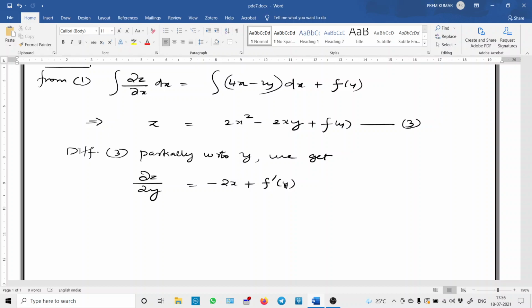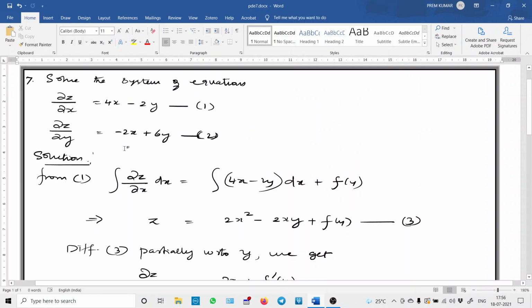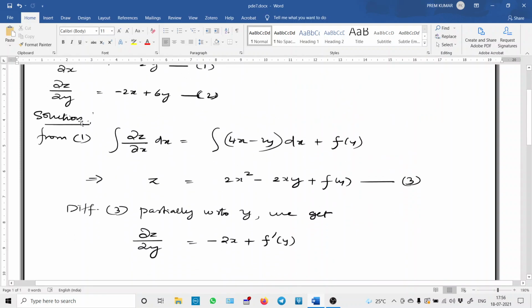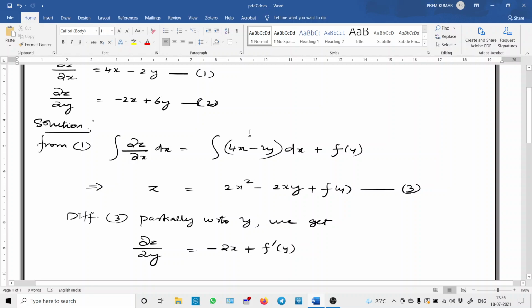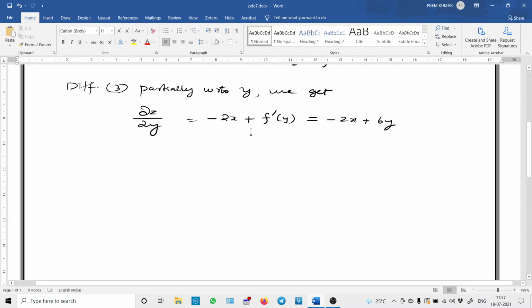And this we did using equation 3, but the given problem says ∂z/∂y is nothing but minus 2x plus 6y. So we are going to equate this to minus 2x plus 6y as per equation 2. So from this equation the 2x gets cancelled, so f dash of y is nothing but 6y.